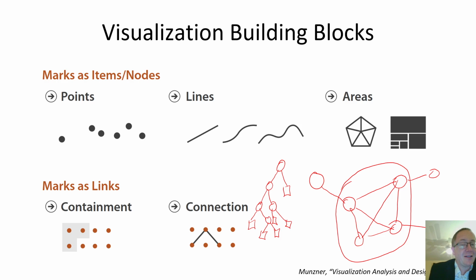They can indicate other things like containment, like connection. The connection is between this tree node and this tree node, right? Or this node and this node. And position is actually encoding the hierarchical position in this case.